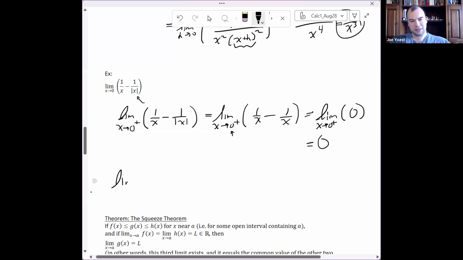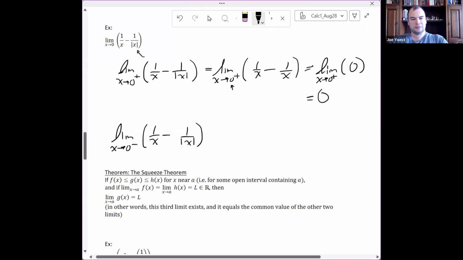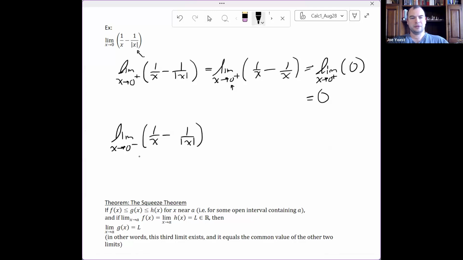So let's investigate the left-hand limit. Limit as x goes to 0 from below of 1 over x minus 1 over absolute value of x. Once again, I want to get rid of the absolute values, and here I know that the absolute value of a negative number is the negative of the input.